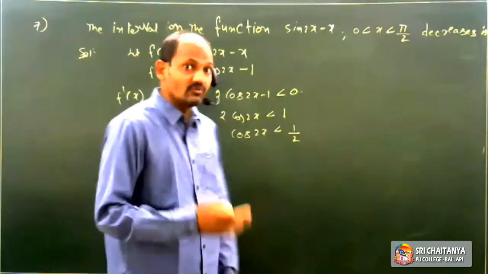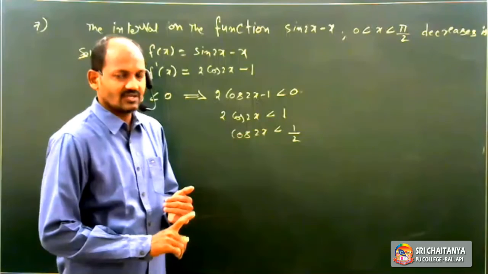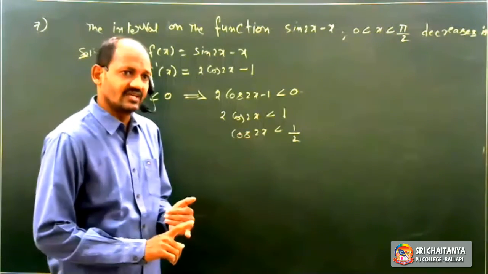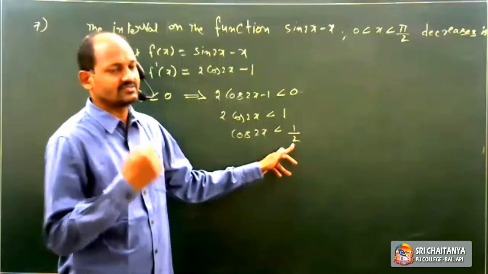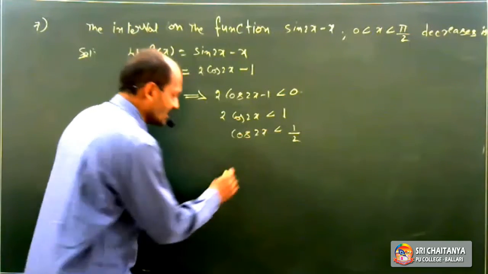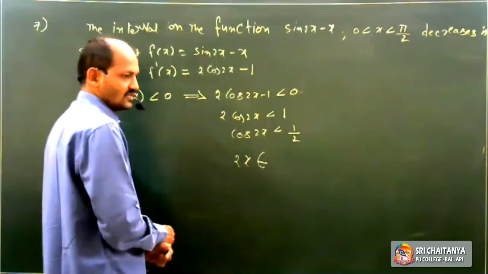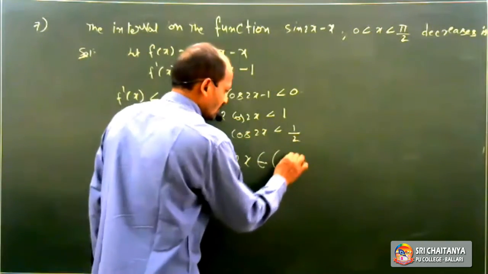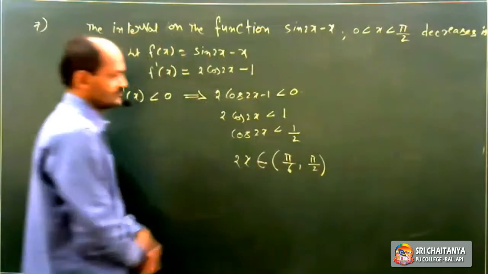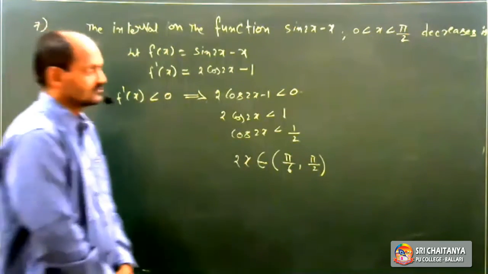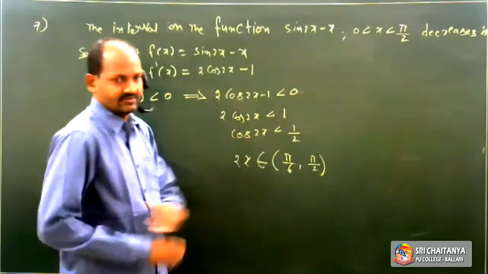Cos is below 1 by 2. Cos 0 value is 1. Cos 45 degrees is 1 by root 2. Cos 60 degrees is 1 by 2. Cos 90 degrees is 0.